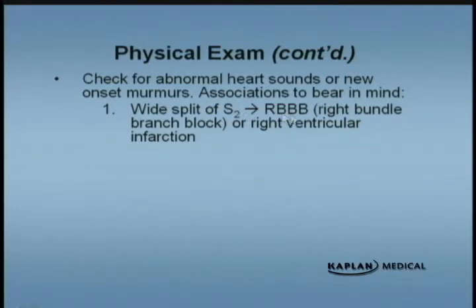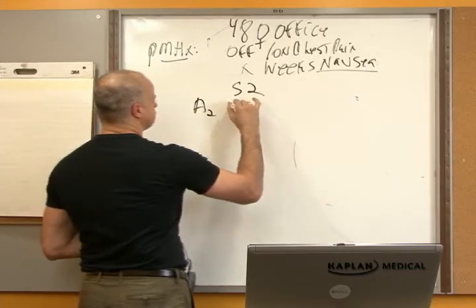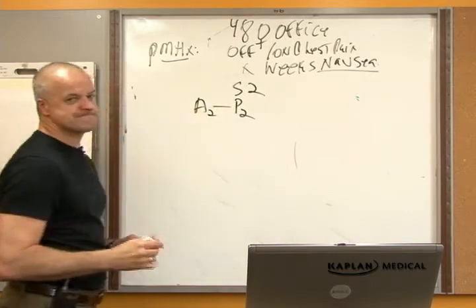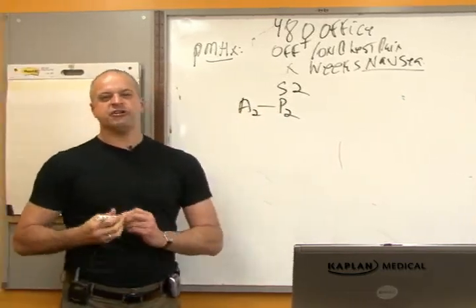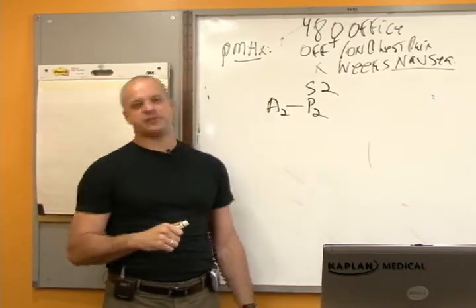Let's look at our first line here: wide split of S2. Normally, an S2 is divided into an A2 and a P2, aortic valve and pulmonic valve.